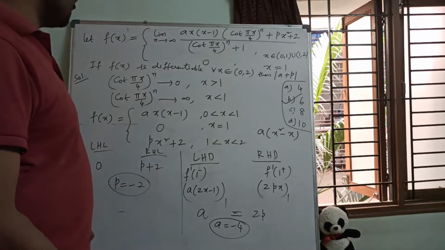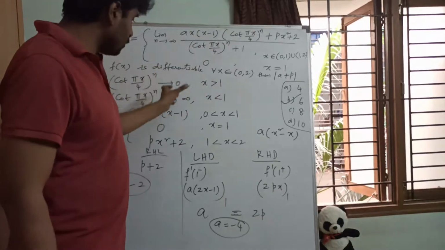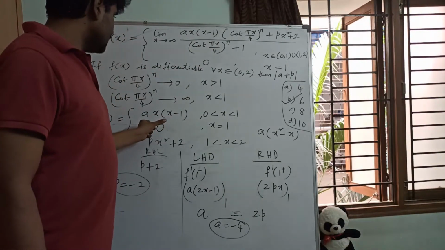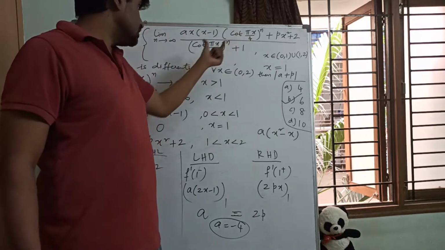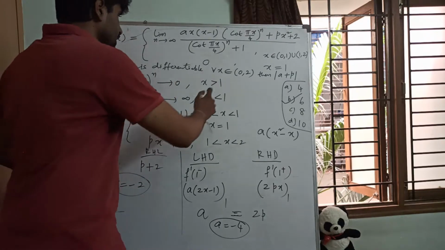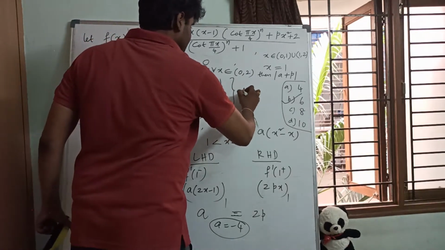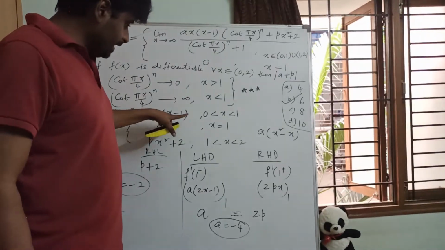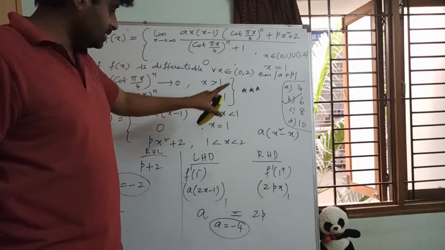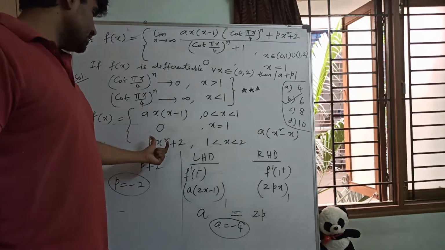It's very easy. First of all, defining the given function properly, that is important. How cot pi x by 4 changes, this part is very important in this question. To simplify that, to redefine that function, you have to know this. Redefining the function is very important.